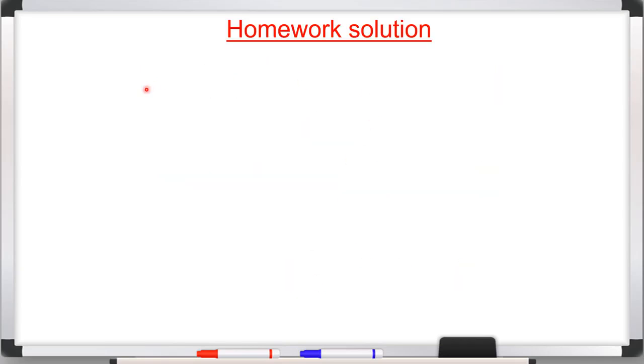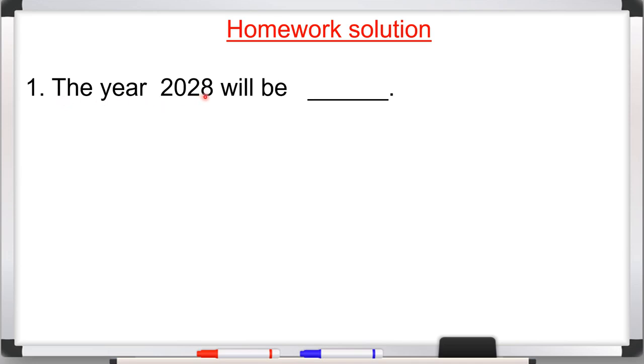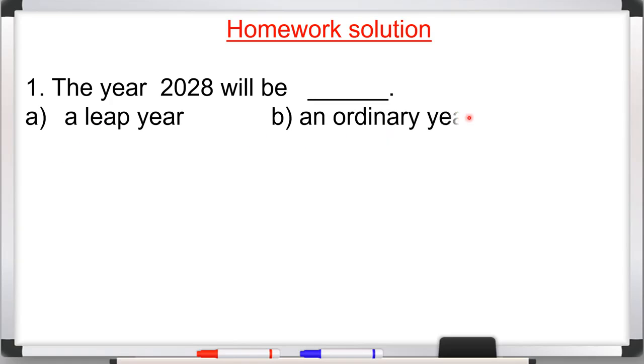So beta, I had given you some questions. So let's start. Question number 1. The year 2028 will be dash. So here we have to write the correct option, and we have two options: A leap year, and B an ordinary year.